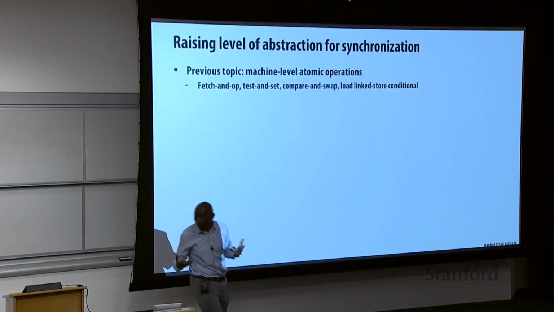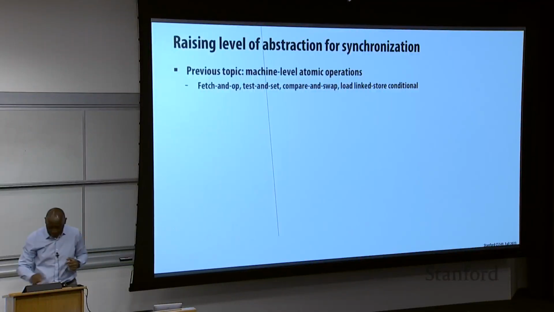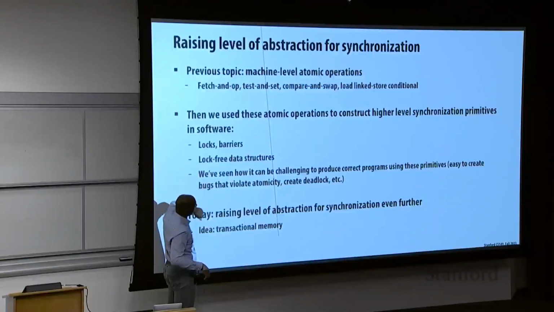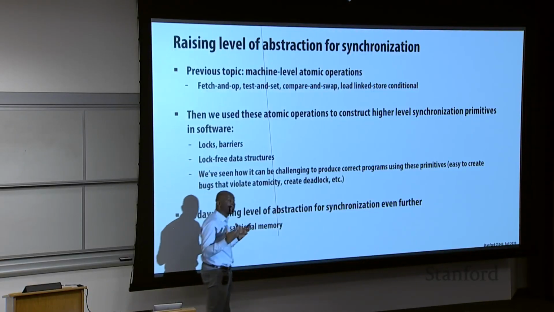And so once you've got this in your hardware, then you can implement various different kinds of atomic operations, synchronization operations like locks and barriers. And of course, with locks, you can implement lock-free data structures. However, programming with these, admittedly higher level synchronization primitives is still pretty difficult, right?